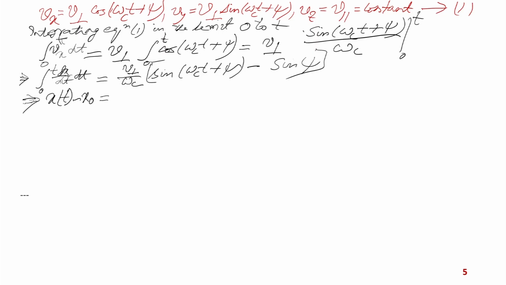Now, this term, the perpendicular component of velocity divided by the cyclotron frequency, is the Larmor radius R L. So, I can write this as R L sine of omega c t plus psi minus R L sin psi.